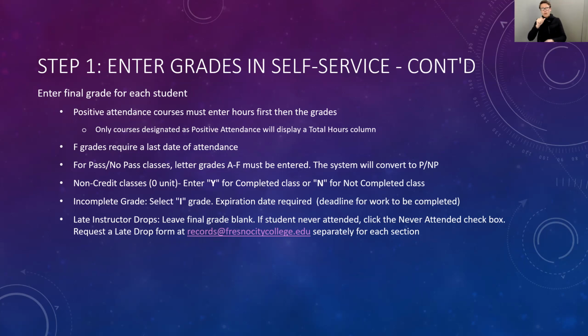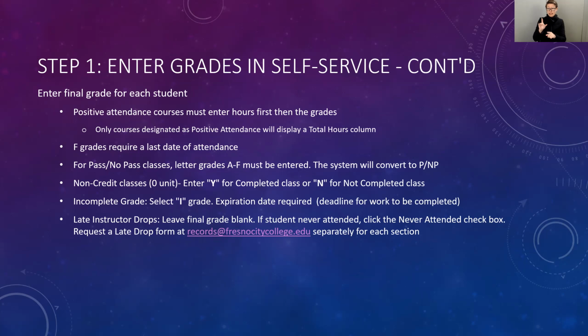Incomplete grades. If a student has had some sort of problem and you're wanting to work with the student, if they approach you and ask about an incomplete grade, the letter grade you're going to select is the I in the drop down. You have to include an expiration date. There's a drop down for that, I think, or a box you'll enter it in, and you'll enter that deadline.